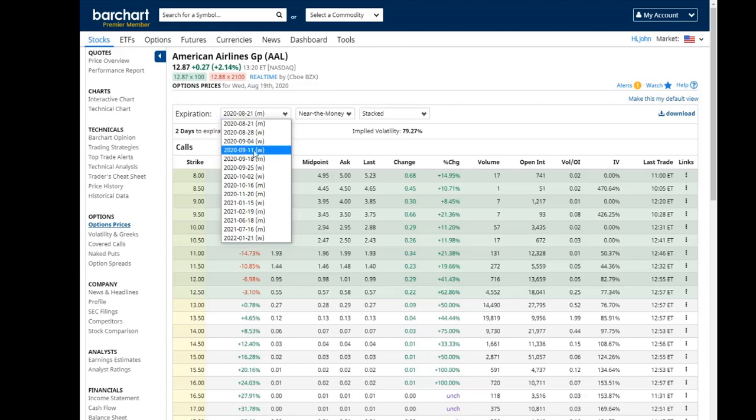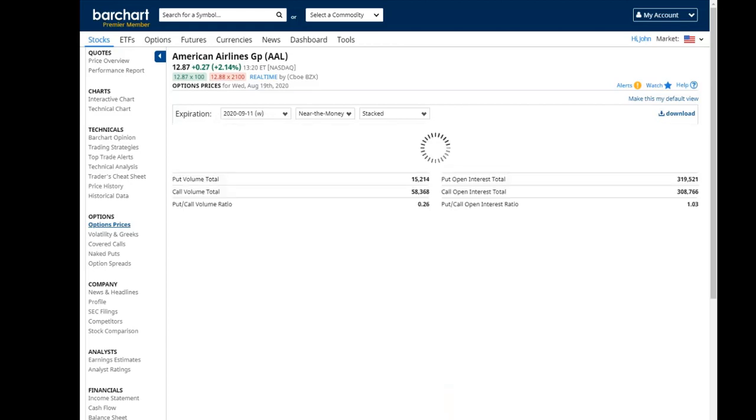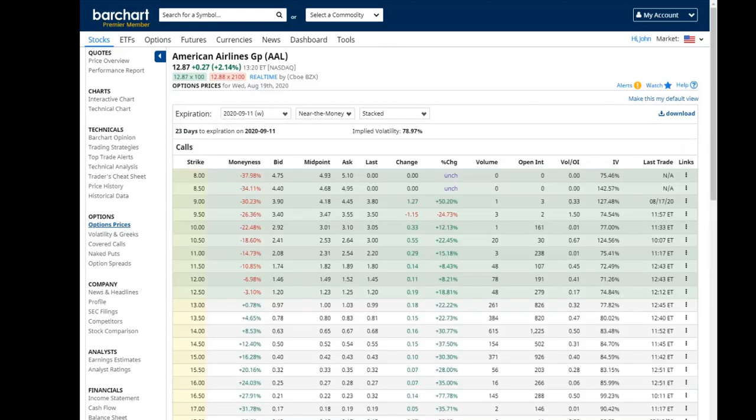Here we see a weekly, which is November 11th, and American Airlines is trading around $12.87. Let's use, for an example, a $15 strike. Here we can see that our bid is 40 cents and our ask is 43 cents.